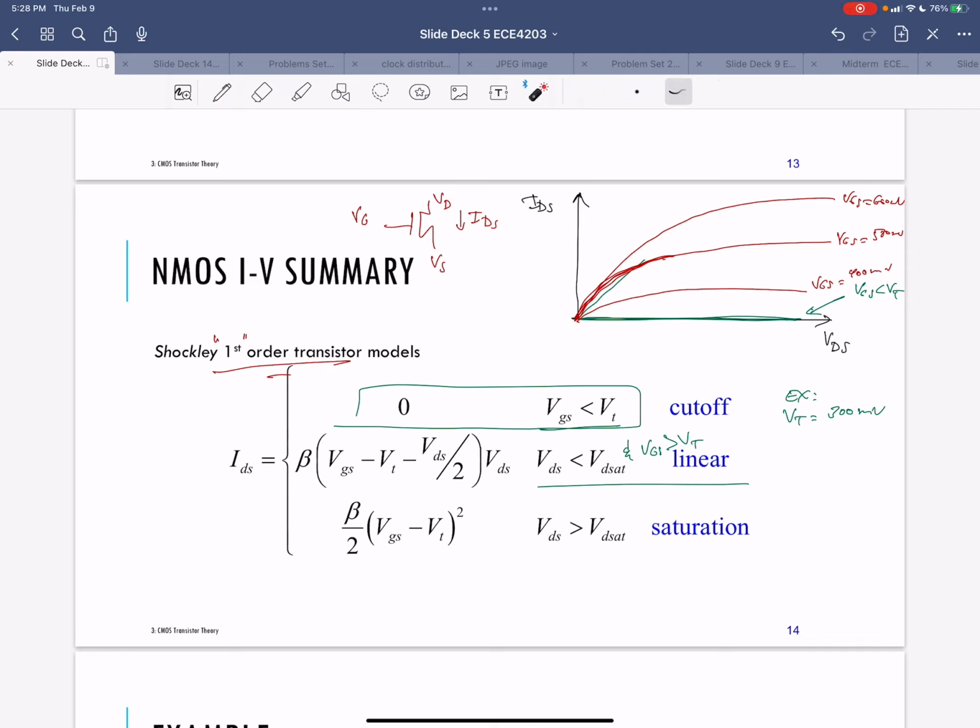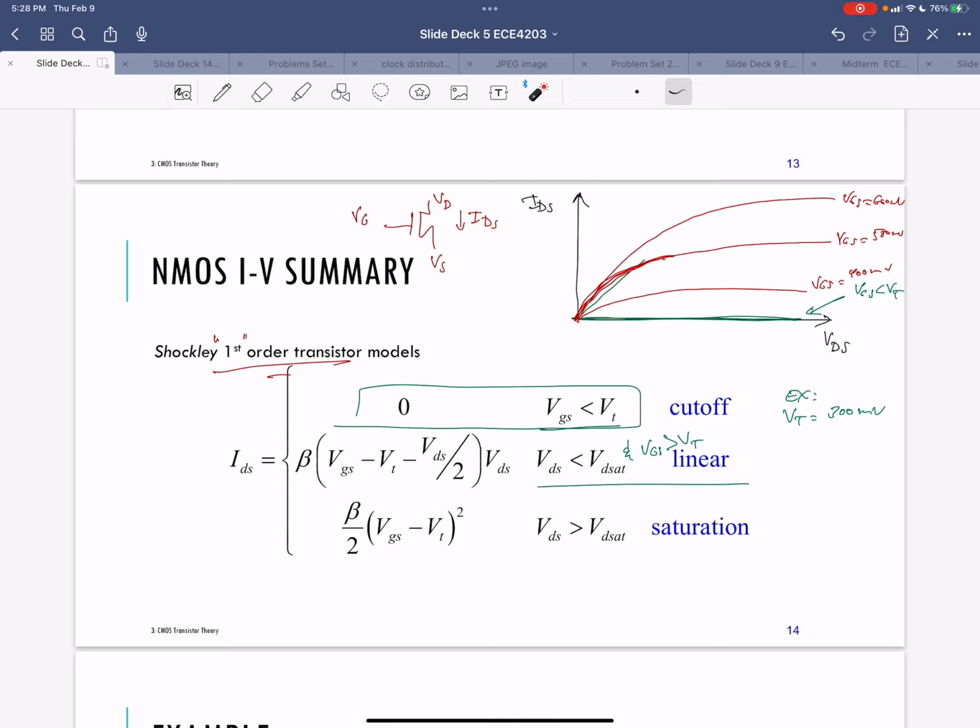As my VGS increases, I get a higher current. We're talking about this region, not this region yet, but for each higher value of VGS you get a higher current flowing in this region. And then you get this dependence on the VDS. As you notice, as VDS is increasing, my current is going up.